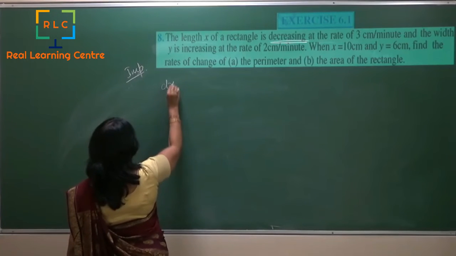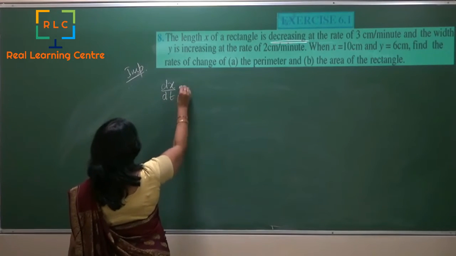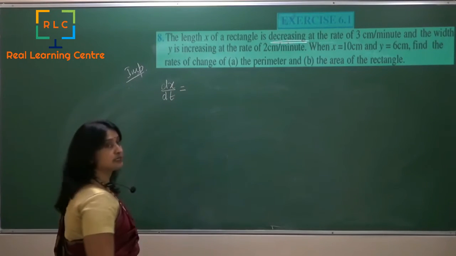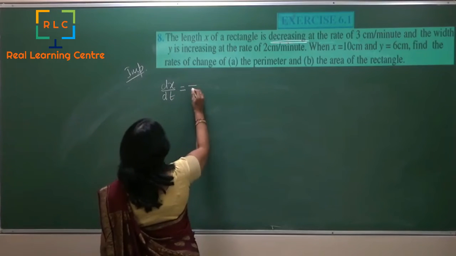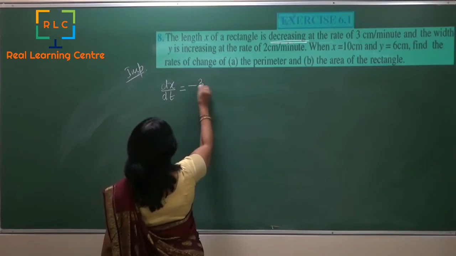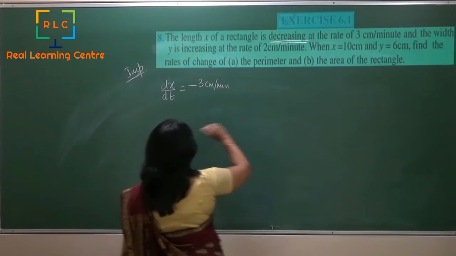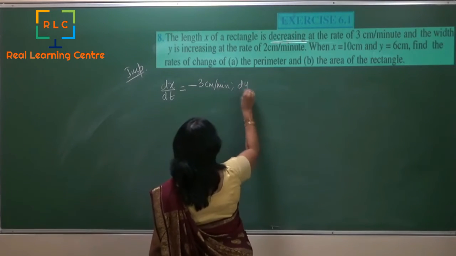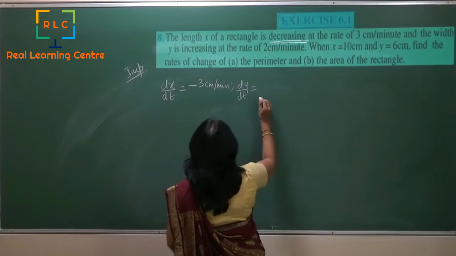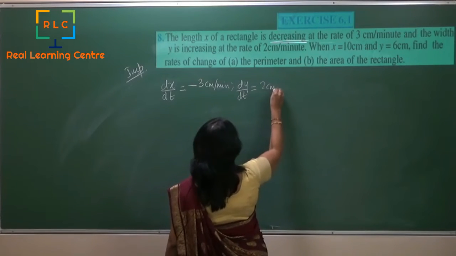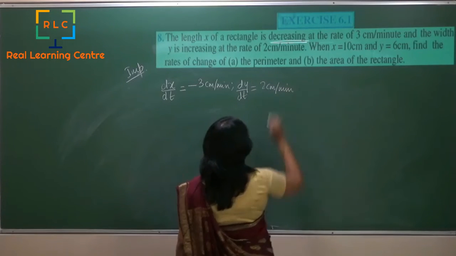The length x is decreasing. Because it is decreasing, I should be writing minus 3 centimeter per minute. So be particular about this minus. And then they have given dy by dt is equal to 2 centimeter per minute.